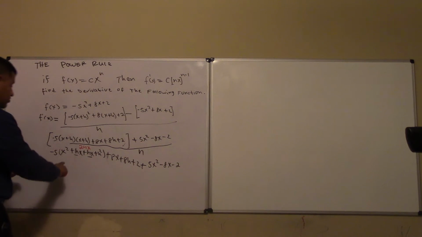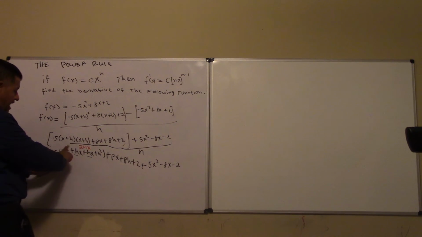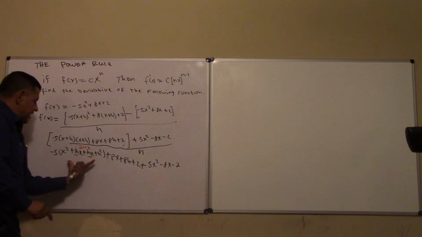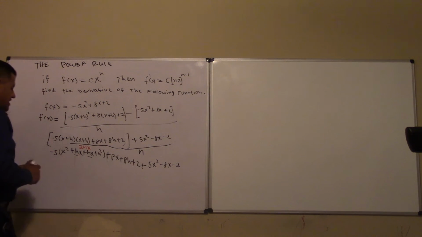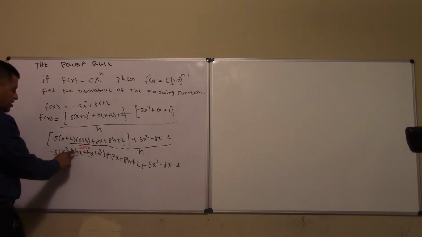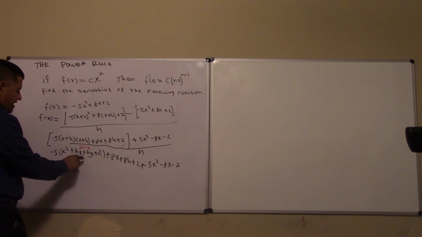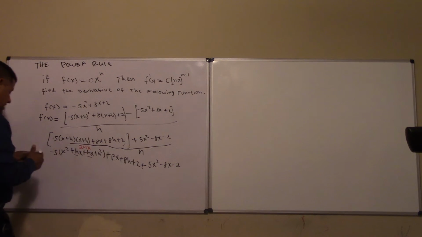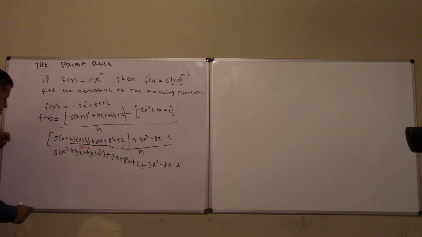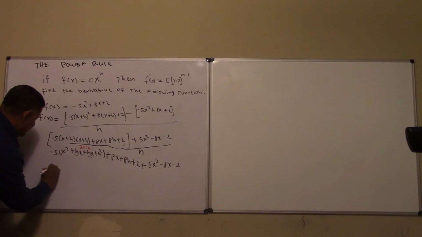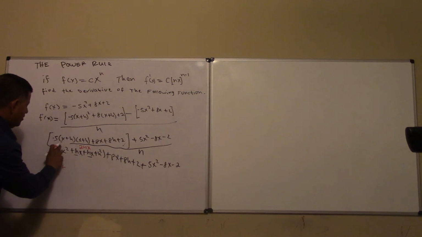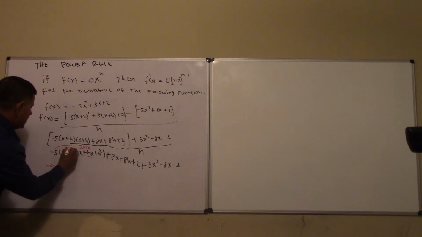Now my goal is to distribute this negative 5 across inside this parenthesis. Now that I added hx, I got a 2hx. I can multiply that across, and I get negative 5x squared plus this, right?